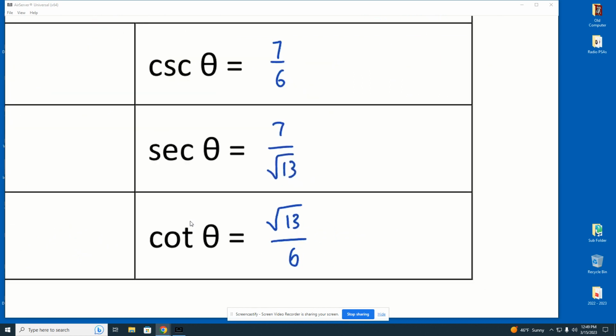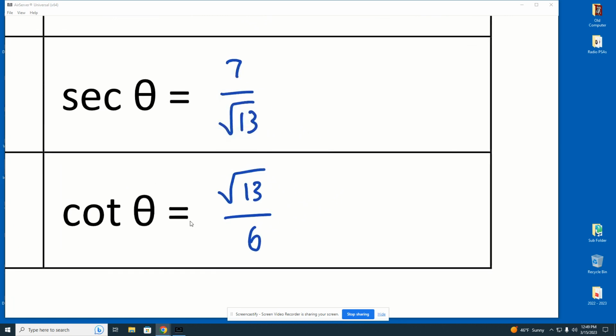You multiply by 1. But for example, on secant of theta, your 1 is square root of 13 over square root of 13, because that's 1, isn't it? And I can multiply by 1 all day and never change the value. So even though square root of 13 over square root of 13 doesn't look as easy as that, it's still 1.